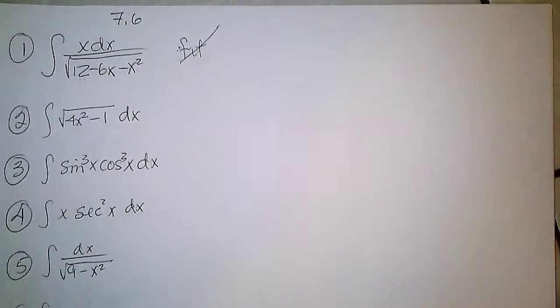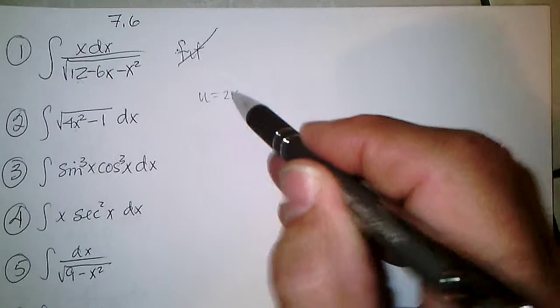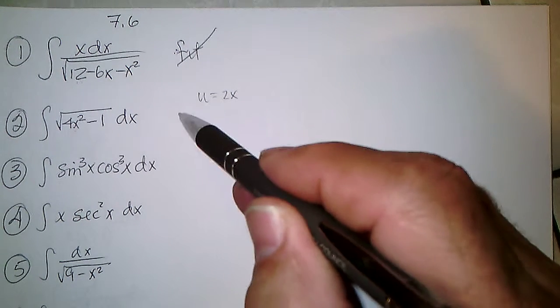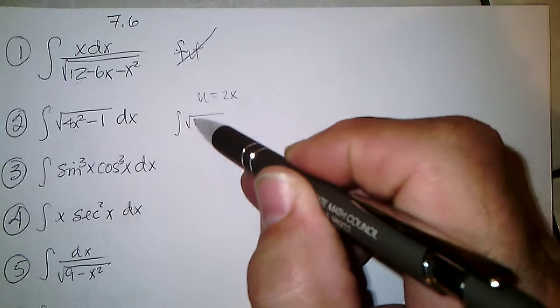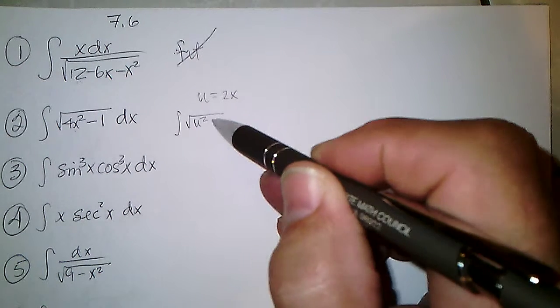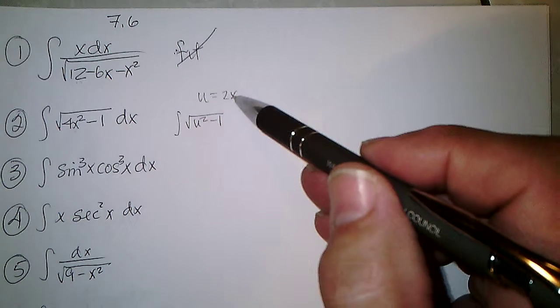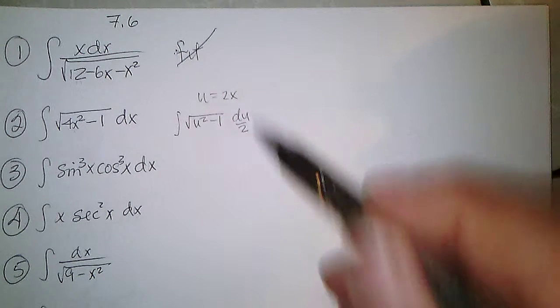Now this one, if you let u be 2x, this would turn into the integral of the square root of u squared minus 1, and dx would be du over 2.